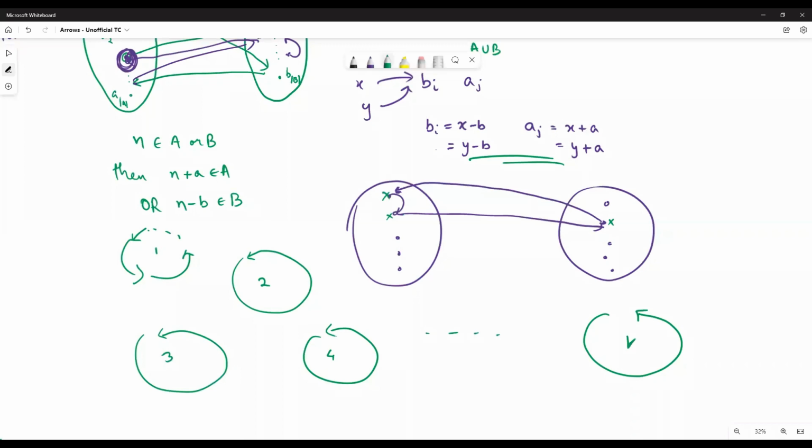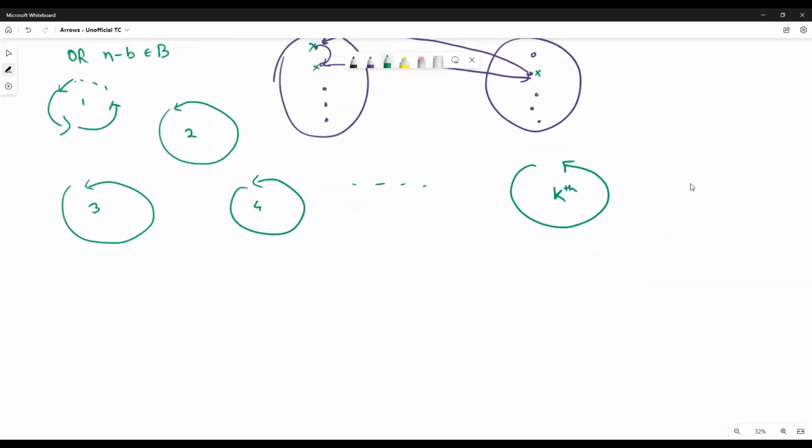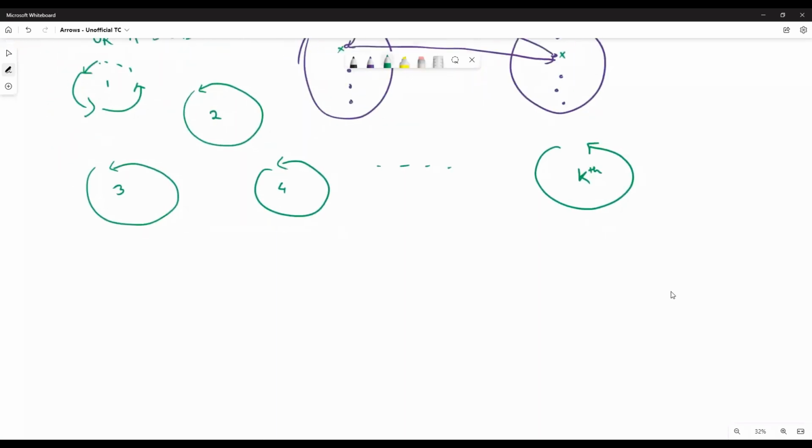Suppose the kth cycle. And in all these cycles, as I drew before, we either add A in each edge or subtract B.